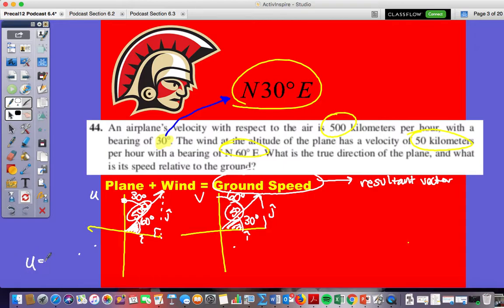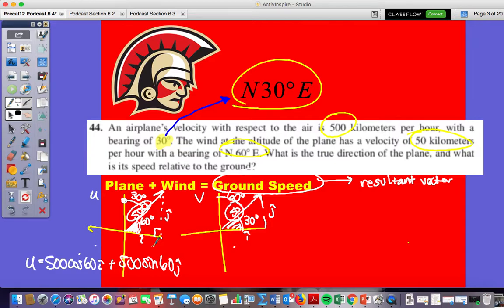So U is equal to, for the cosine, would that be related to I or J? Which one? I, yeah, it'd be I because that's the adjacent side, right? So we would say it would be 500 cosine of 60, that would go with I, plus 500, what would go with J? Sine of 60 goes with J.